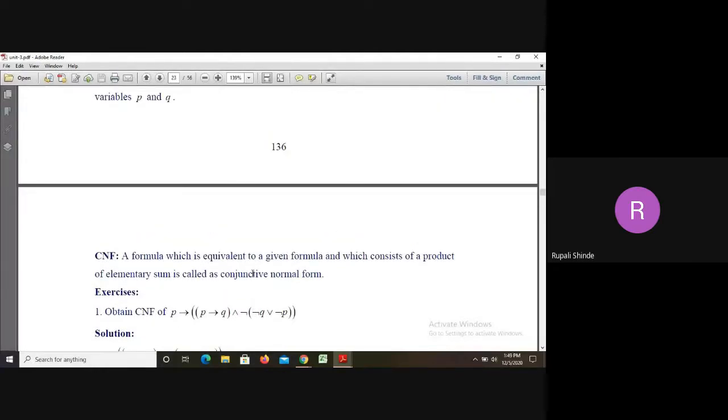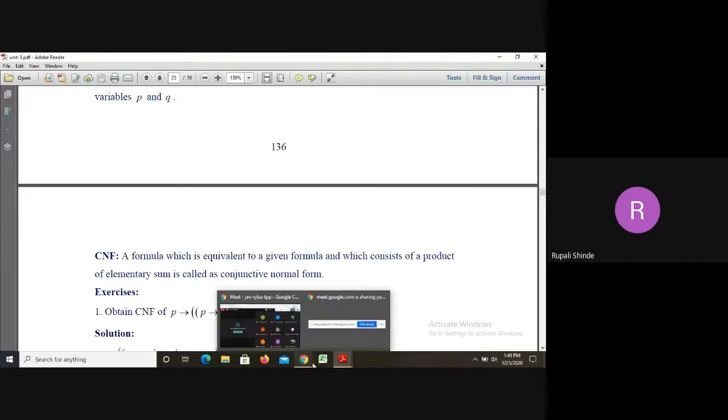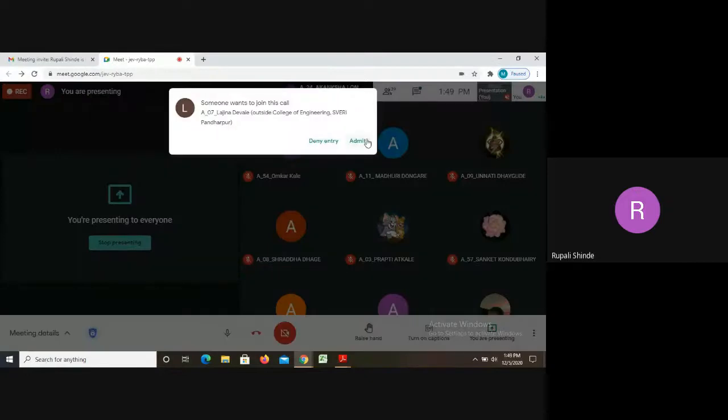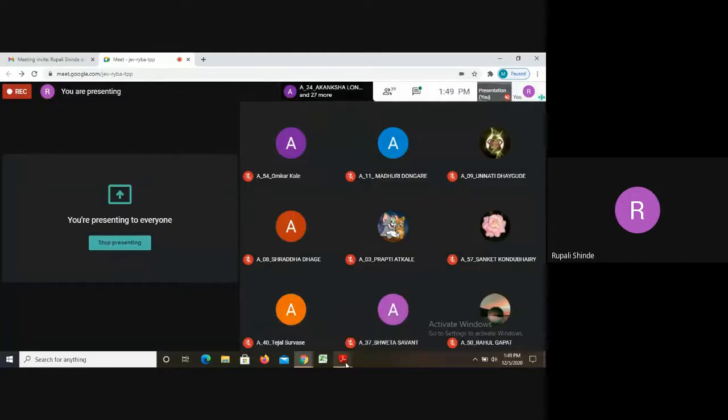So again, a second example is given, and that is based on CNF. That is P conditional Q and negation of (negation Q or negation P). So how can we solve this? What do we have to do first?